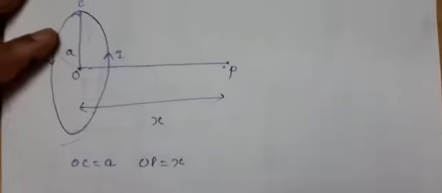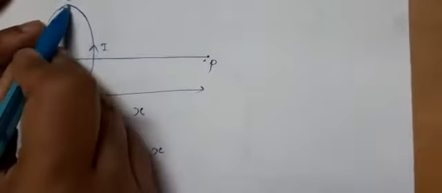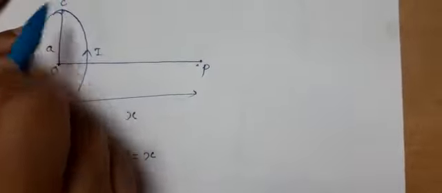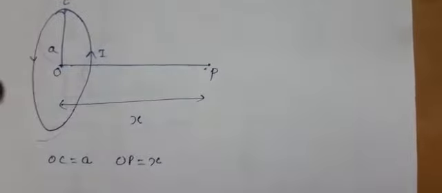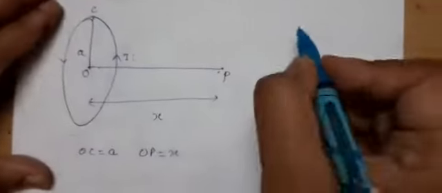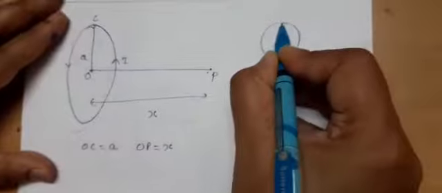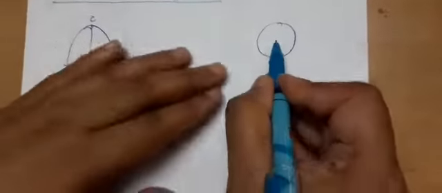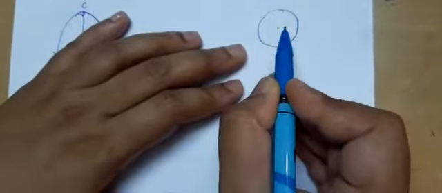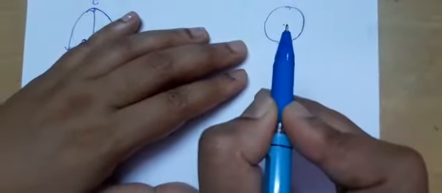Now, another very important point. Suppose this is a point C on the circular loop. We cannot show the perpendicular view, but imagine this is the center and the point P lies somewhere here at a certain distance from the center.